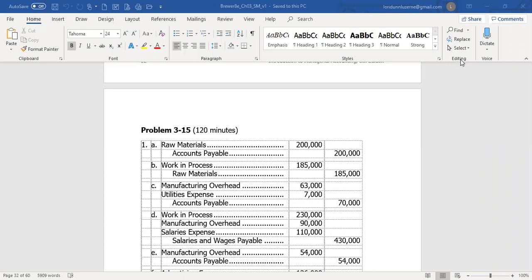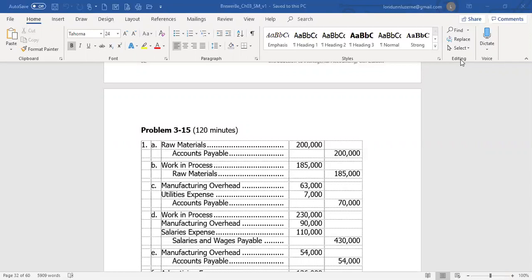Remember, we now have a work in process inventory account where we keep track of the costs of items that are being processed right now. So we'll keep adding to that as we're processing them and costs are added. We decrease the raw materials inventory because it's no longer sitting on a shelf as a raw material, it's now in the work in process inventory account.